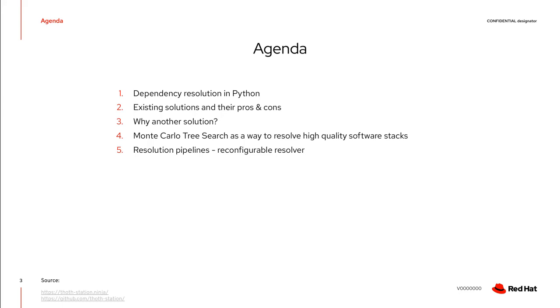And that solution will use Monte Carlo Tree Search. So I will discuss briefly Monte Carlo Tree Search and its variation for resolving high-quality software stacks. And then we will plug this algorithm into resolution pipelines, which make Resolver a configurable piece of software.